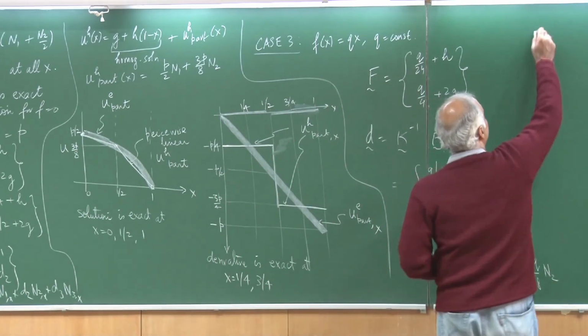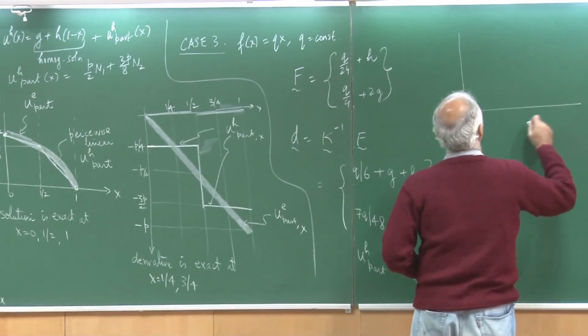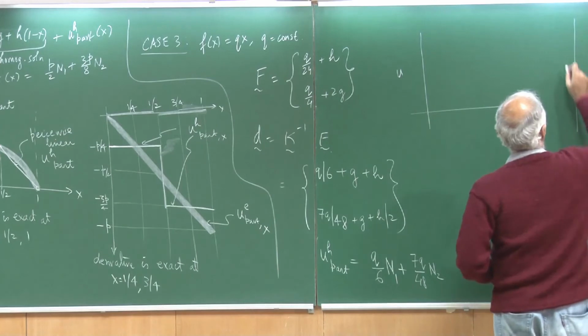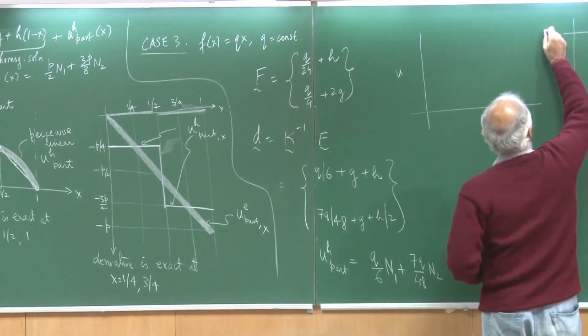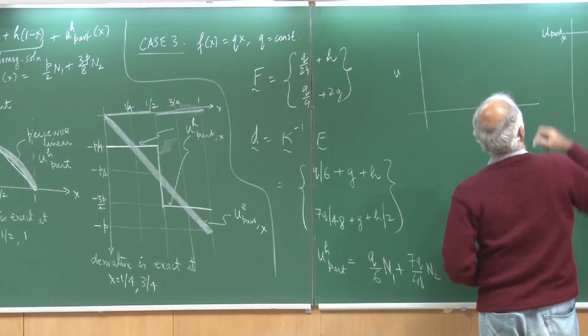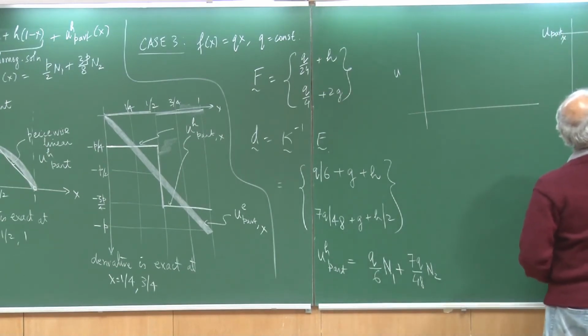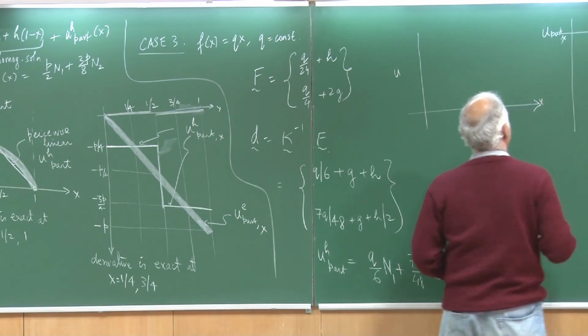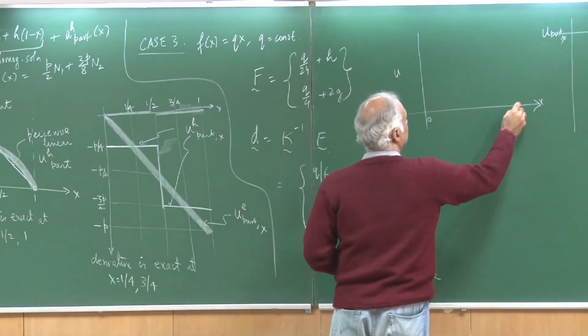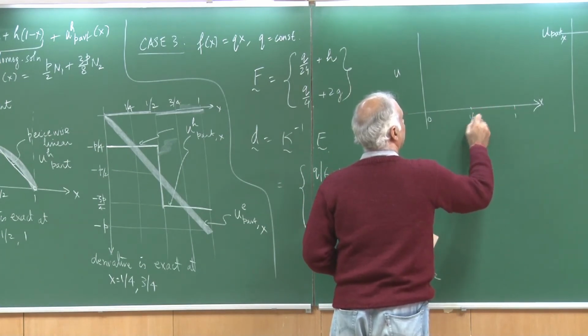So, here is a plot for u, and then I am going to make another plot for u particular comma x. This is the x axis. This is 0, this is 1, and that is a half.